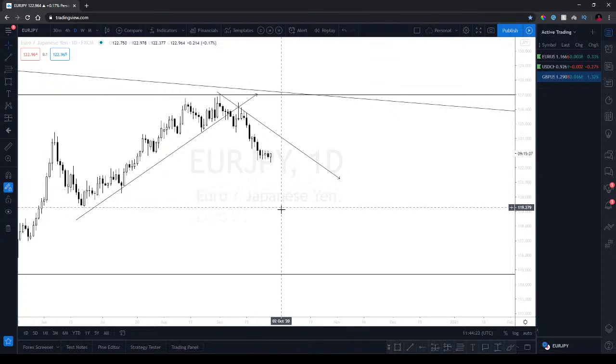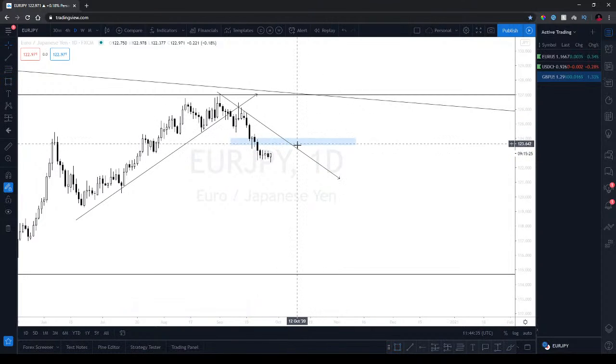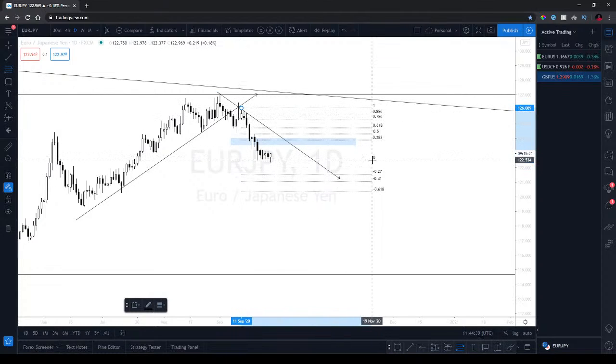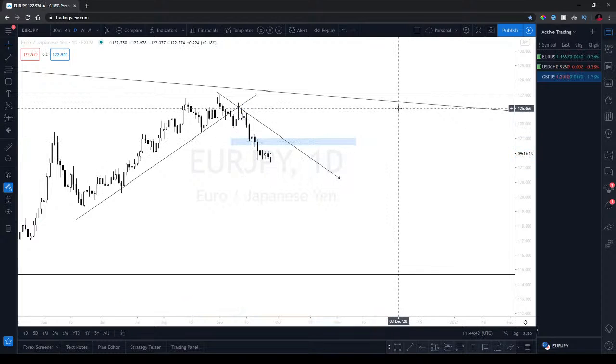I would definitely like to see that off the daily. I'd definitely like to see a lot more structure off the daily, and right now, I'd like to see price come up and test this area here, and if this is actually the area where we will get a reversal, this is the 38.2 that we'll see being tested.